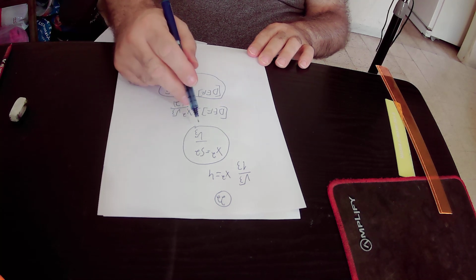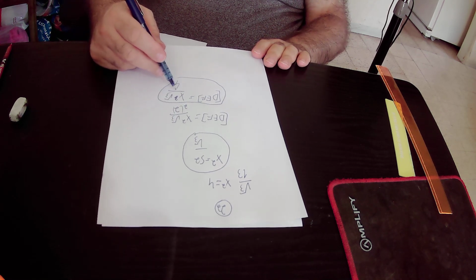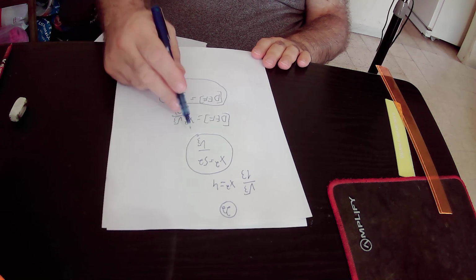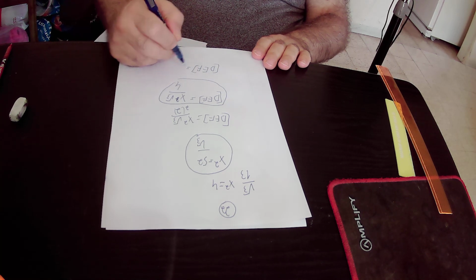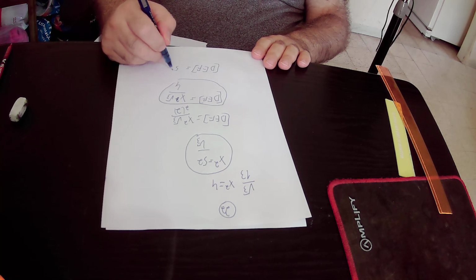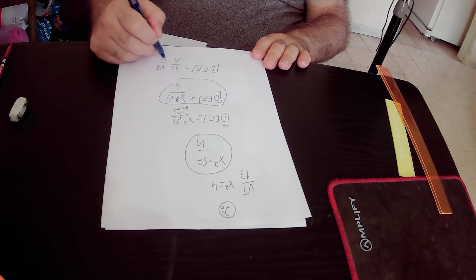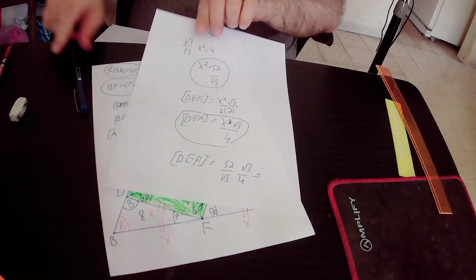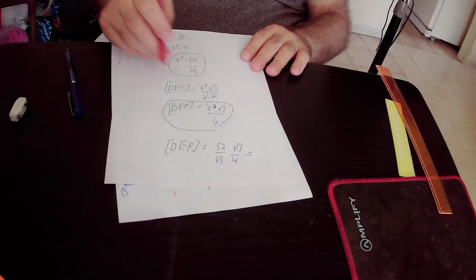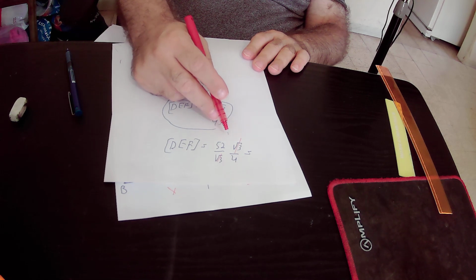But we have already found out that x squared equals 52 over root 3, so we'll substitute x squared in this equality by 52 over root 3, and we will find out that the area of the equilateral triangle DEF equals 52 over root 3 times root 3 over 4. Here root 3 over root 3 is 1, so root 3 is cancelled, and 52 over 4 is 13.